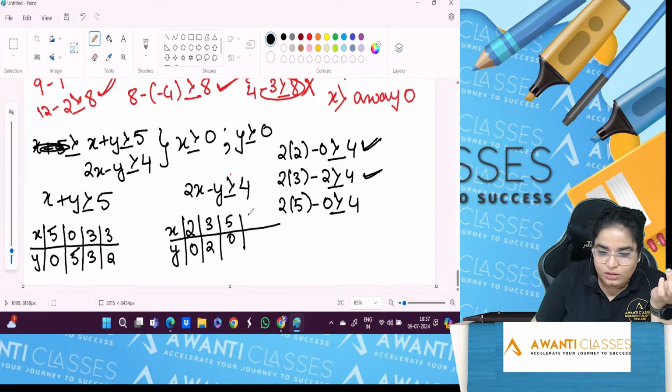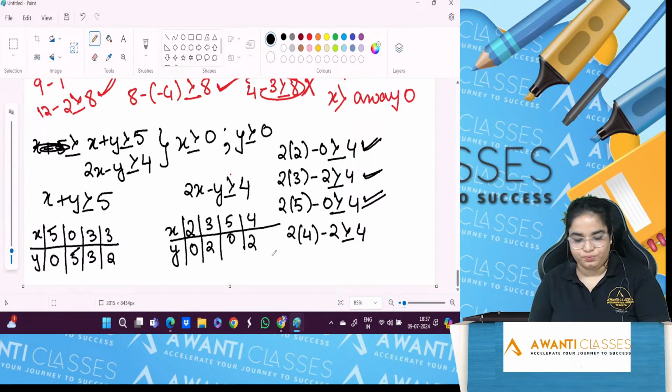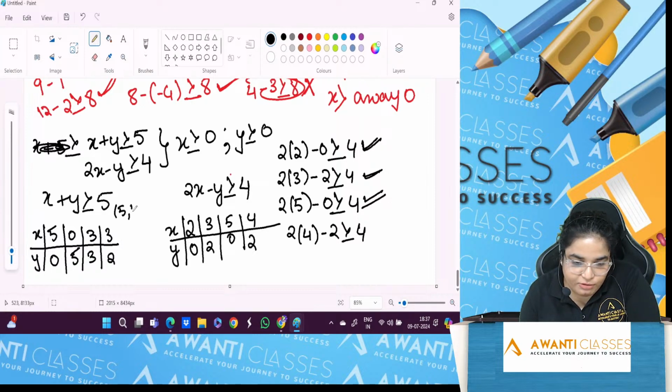Can I take 2 into 4 minus 2? Yes, I can take that one. So it can be 4 and 2 also. Okay. Let us try and plot them. First, for example, 5, 0.